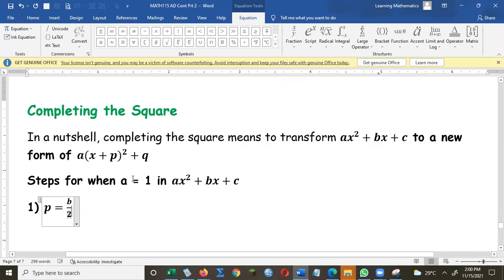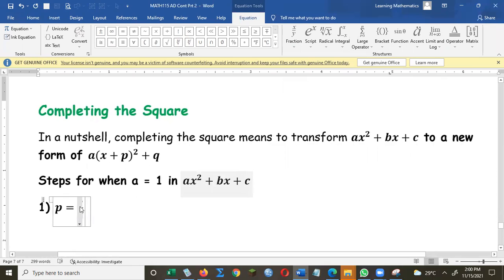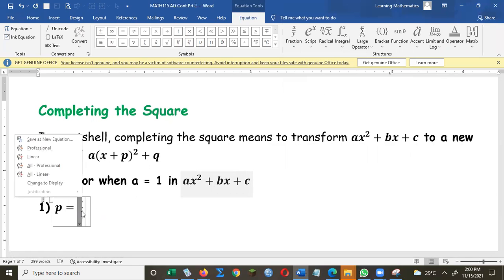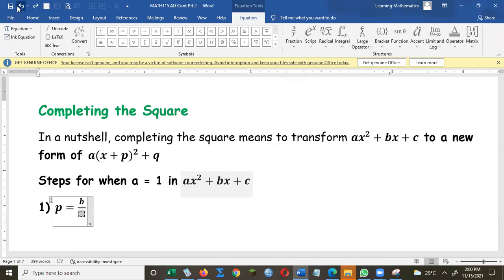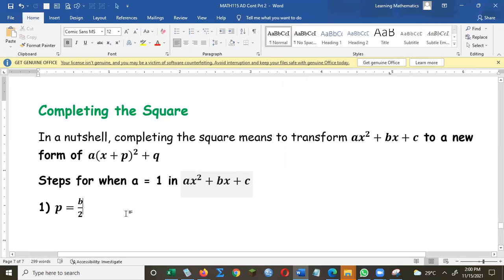Bear in mind that's for when a is 1. Take note, when a is not 1 it is a different ballgame. Actually, when a is not 1, p is b over 2a. Right. So let's write b over 2. So that's p. Straight and simple. Always b over 2.